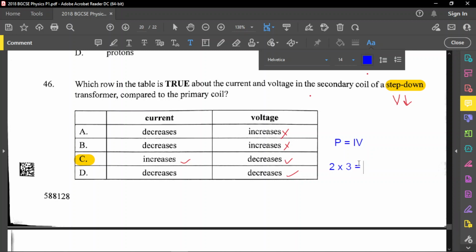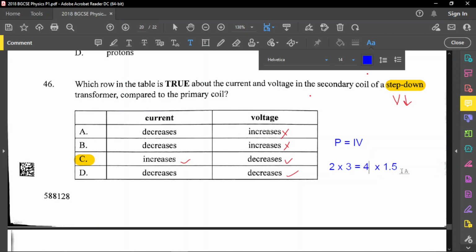If I decrease my voltage, let's say to 1.5, what must my current be? Should it be the same, increasing, or decreasing? 2 times 3 is 6, so what should I do with 1.5 as a voltage to make it become 6?